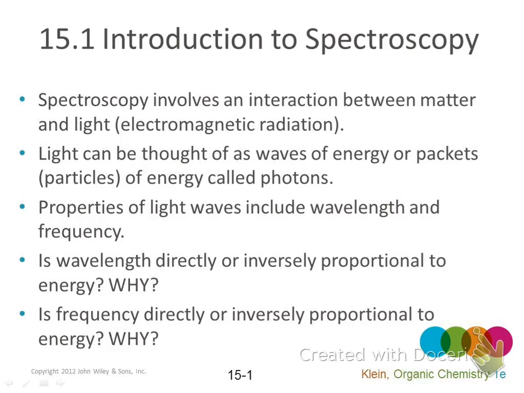Now, from your vast knowledge of the Bohr model, what is the Bohr model? Planetary model, like the nucleus and then the rings, right? And the electrons are in these orbits, right? That's all we need for this. We don't have to do the quantum model, really, for this stuff.